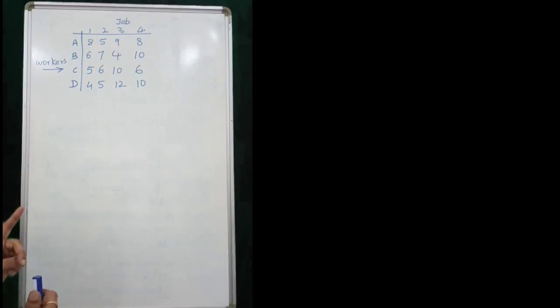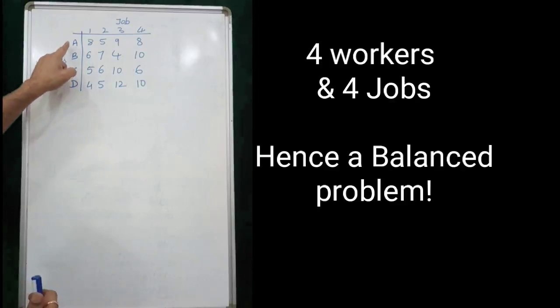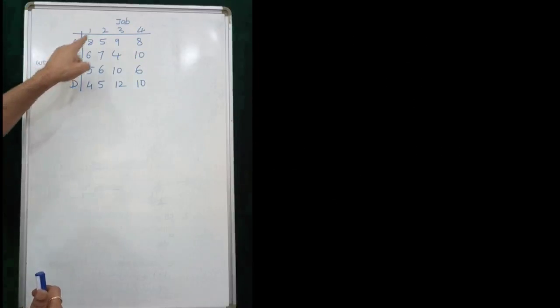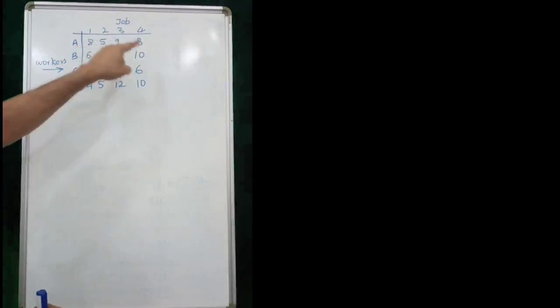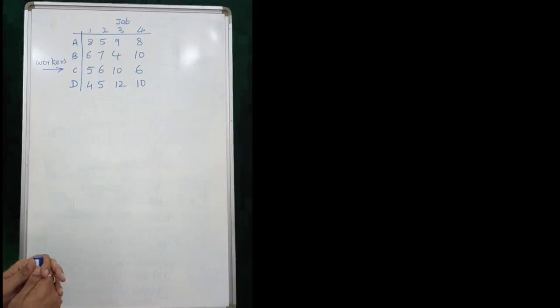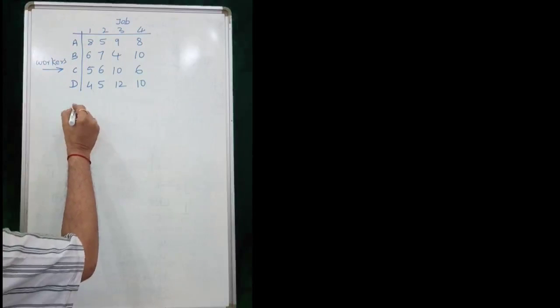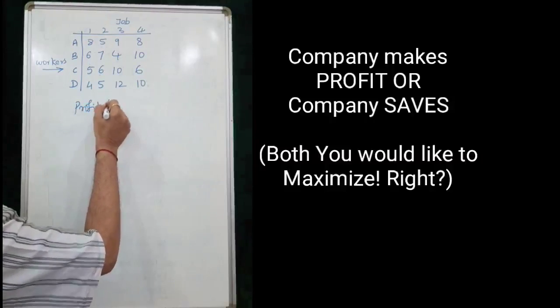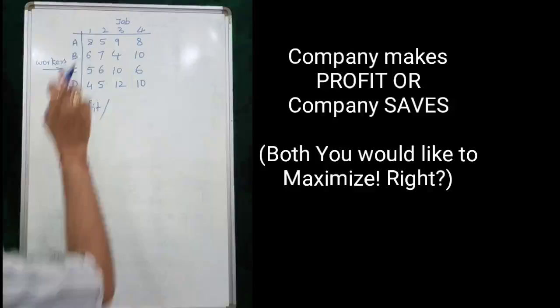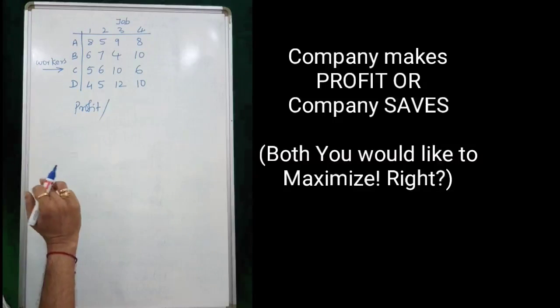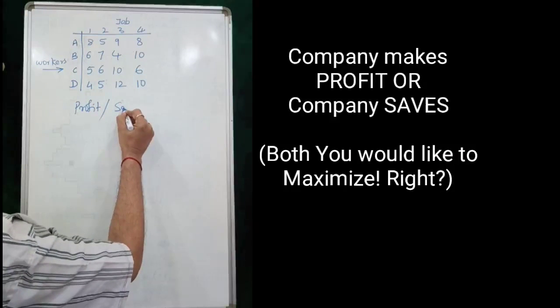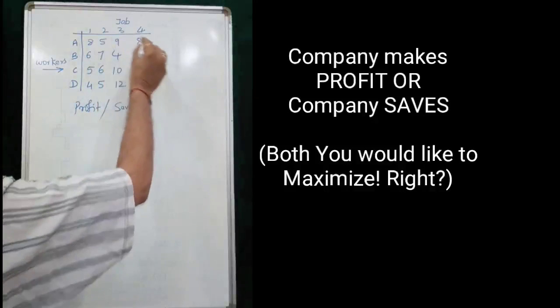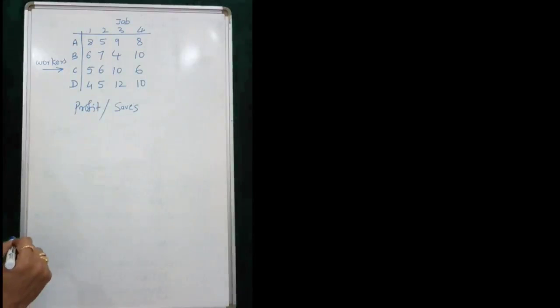When a company gives a particular job to a particular worker, then the company makes the profit as shown in this matrix. They may say the company makes profit, or they may say that if a particular job is given to a particular person, the company saves the amount given in the matrix.